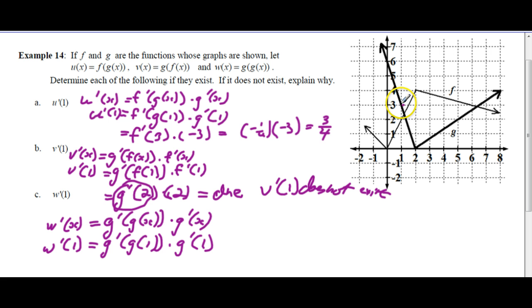g of 1 is 3, so that'll be g prime of 3, and g prime of 1, so the slope of this line, I think we worked that out, right?